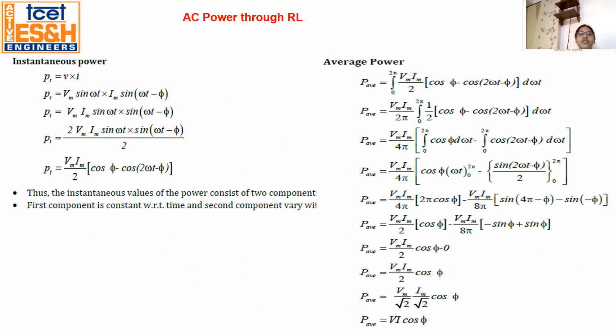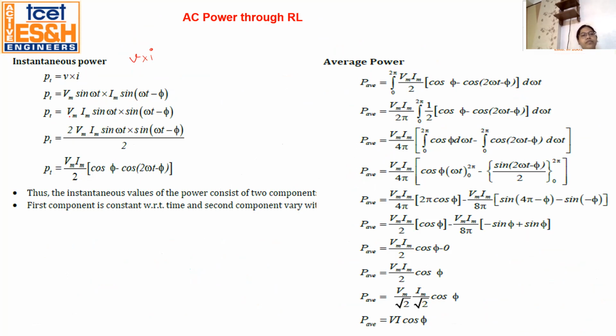Now, calculation of instantaneous power. We all know that small v multiplied by small i represents the instantaneous power. So v is equal to Vm sin omega t multiplied by i equal to Im sin omega t minus phi. So this is Vm Im sin omega t multiplied by sin omega t minus phi.